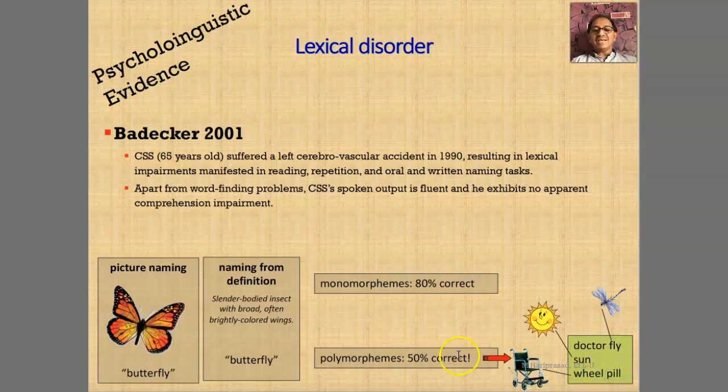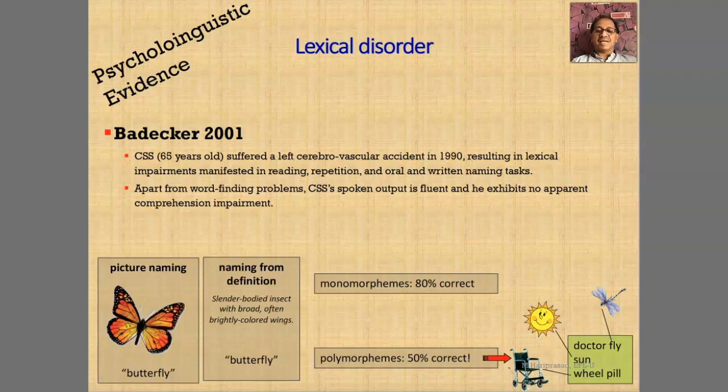So he was 50% wrong in producing polymorphemic words in speaking and naming. So this shows that monomorphemes are stored as they are, but polymorphemes are stored separately. The morphemes are separately stored and they are combined by a rule. Again, this piece of evidence strengthens our second hypothesis.